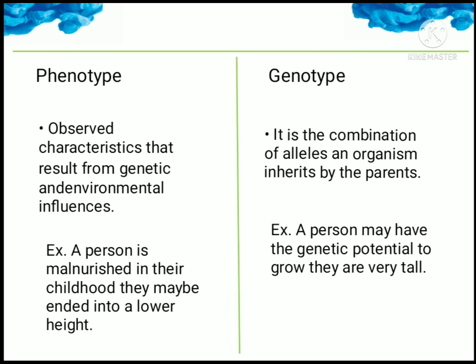A genotype refers to all of the genes that a person has inherited. The phenotype can include physical traits such as height and color of the eyes, as well as non-physical traits such as shyness and extroversion.